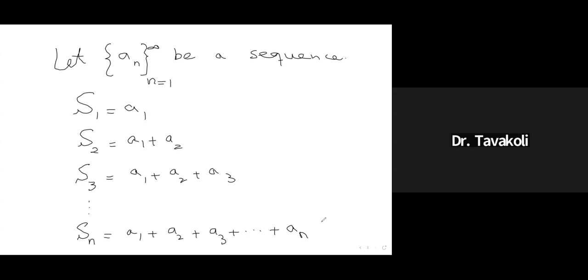And S stands for sum, so Sn means the sum of the first n terms of the sequence. All of these are called partial sums. The phrase that is used to refer to these sums is partial sums.